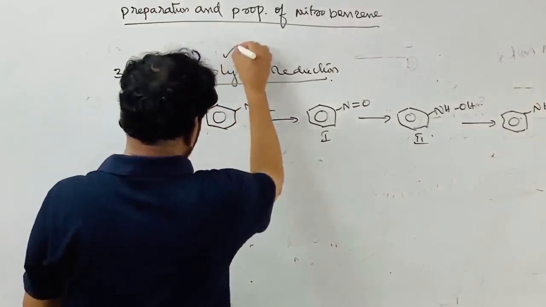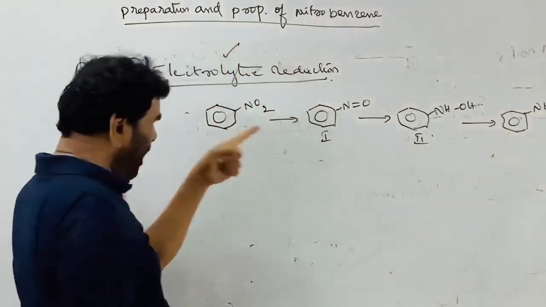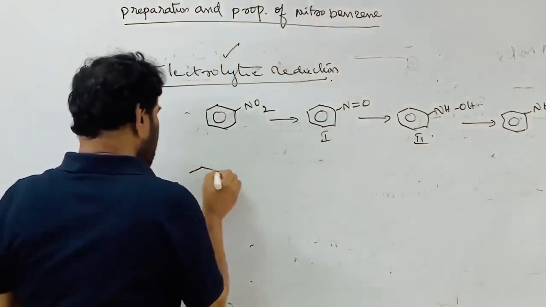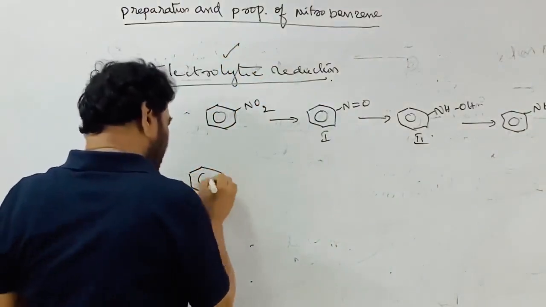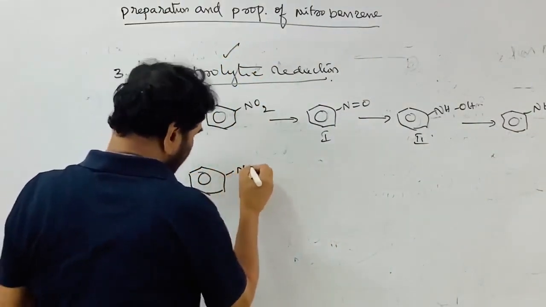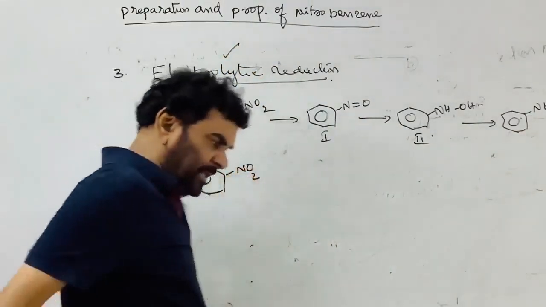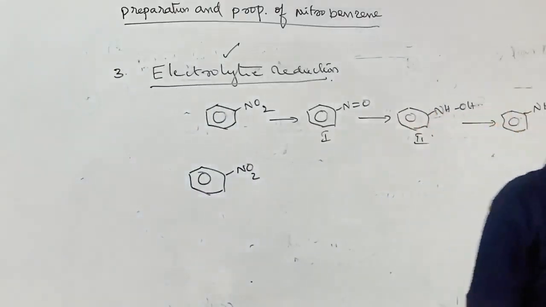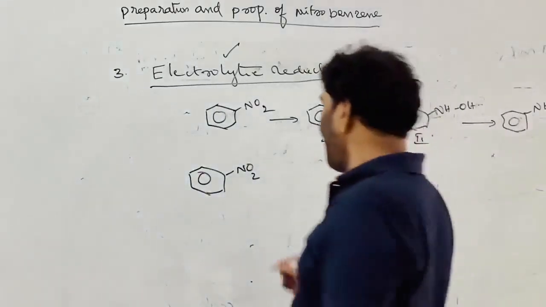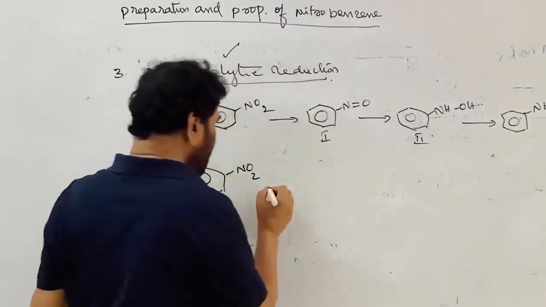In the electrolytic reduction, the products depend on the acid concentration. Nitrobenzene is taken into a sulfuric acid bath, the container which contains the sulfuric acid, and electrolysis is carried out.